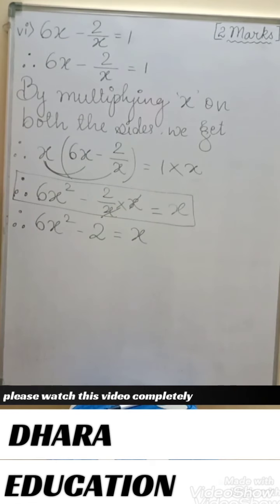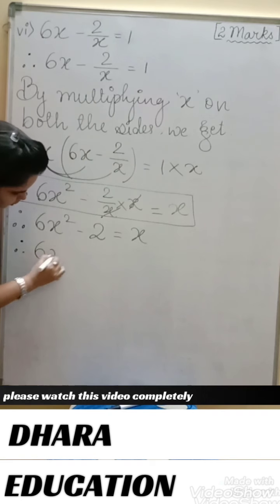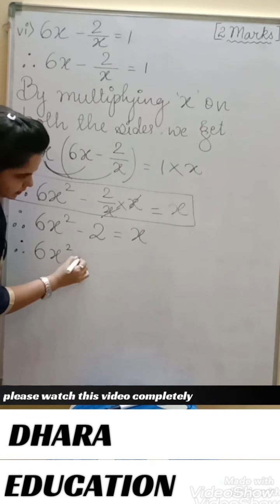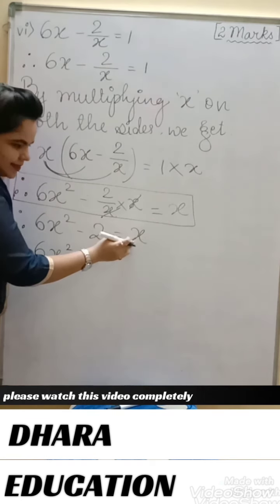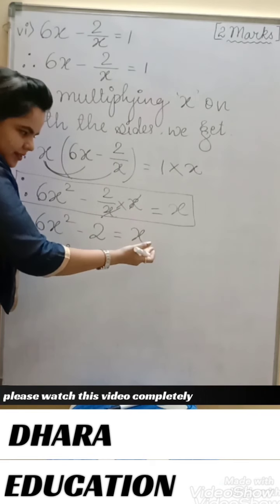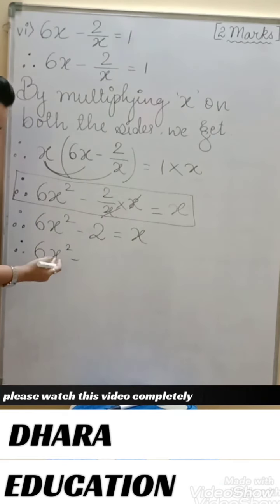So now the next step will be by using the standard form. Here actually the standard form is not there, so we have to make it into a standard form. So 6x square minus x, as it is positive on the right hand side, when we shift it to the left hand side, it will act as a negative.